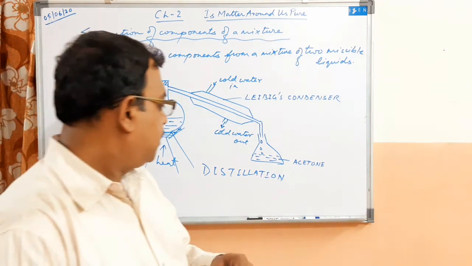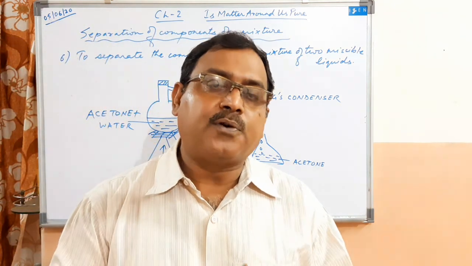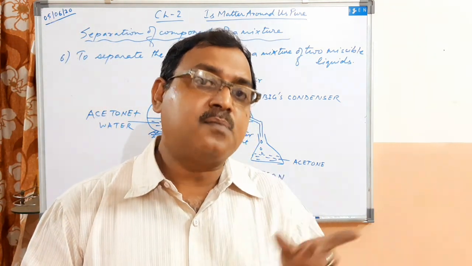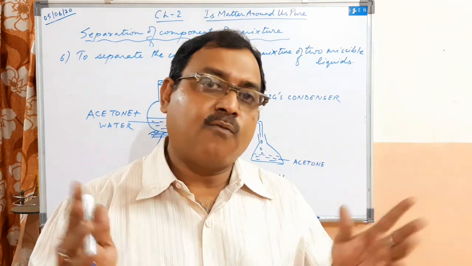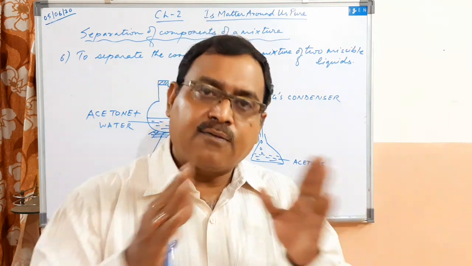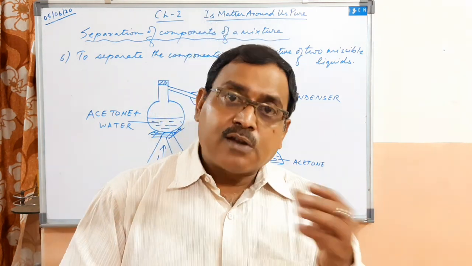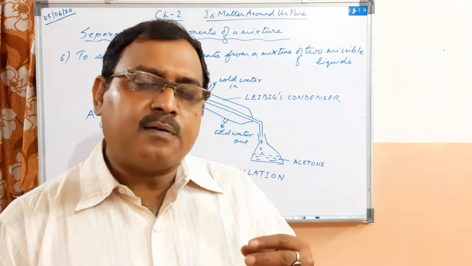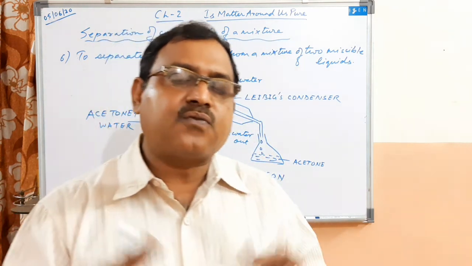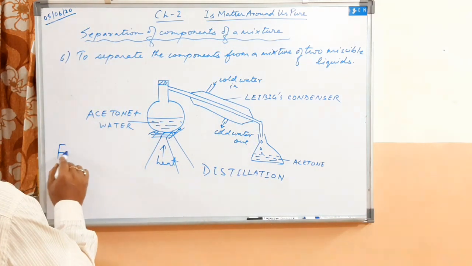Right? So in this way, we can separate the components of two miscible liquids from one another, provided the two miscible liquids have a large difference in their boiling point. Now children, a more advanced form of this distillation is fractional distillation.